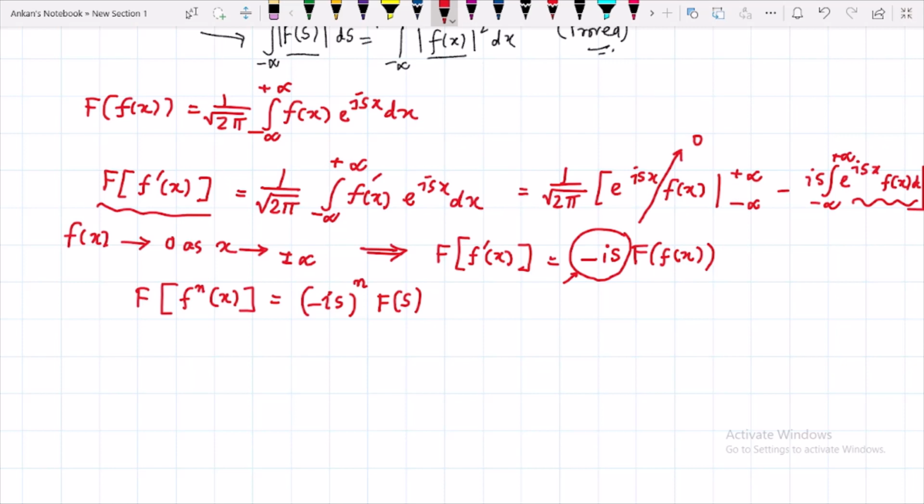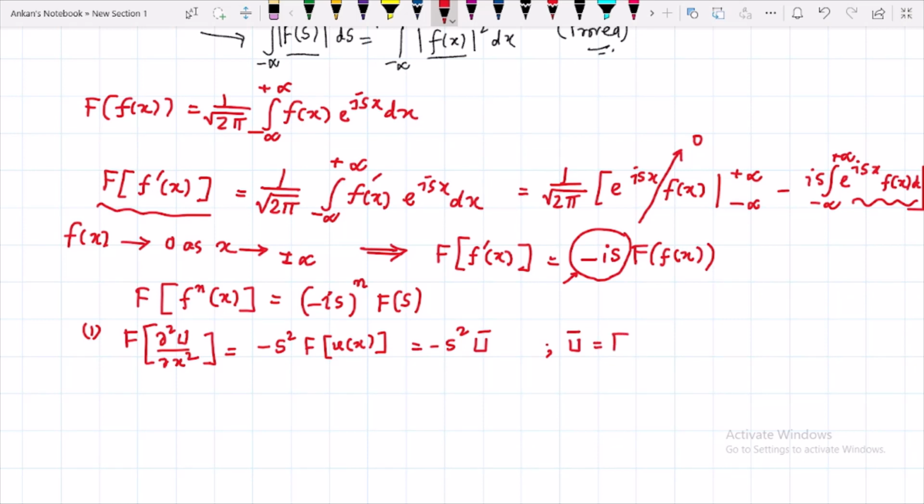Now by applying this definition some properties are generated which you can prove also. F of del 2u by del x2 is minus s square F of u(x), minus s square u bar, where u bar is the Fourier transform of u with respect to x.